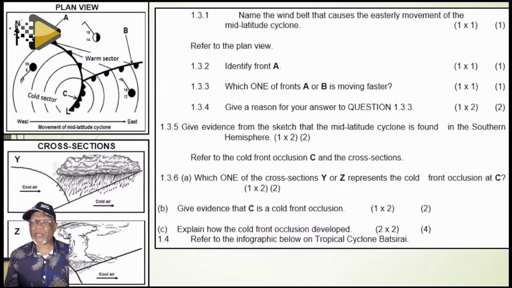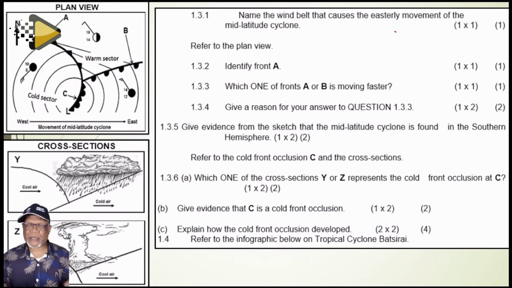Now let's look at the question. It says, name the winds that are responsible for the westerly movement of the mid-latitude cyclone. Which winds are responsible for the westerly, or for the easterly, not westerly, for the easterly movement of the mid-latitude cyclone?